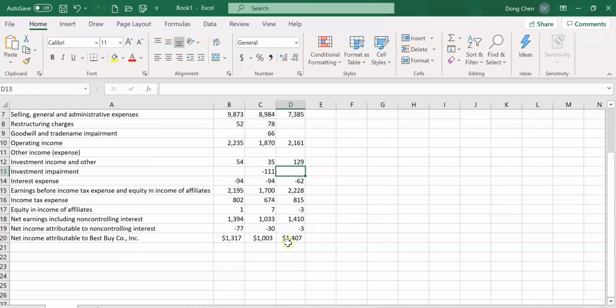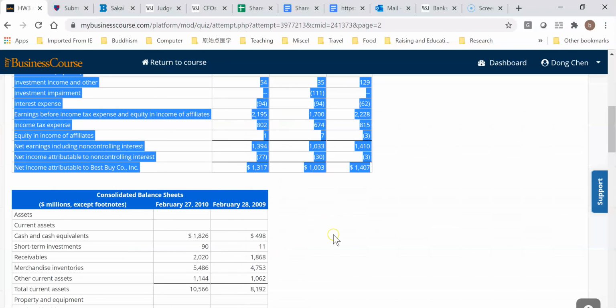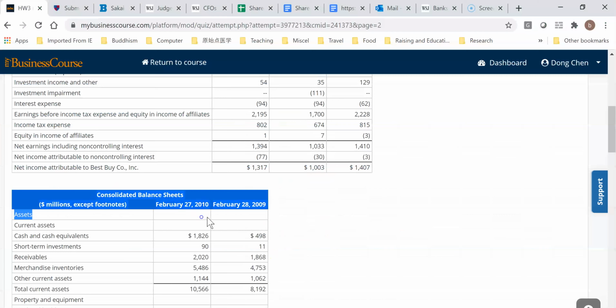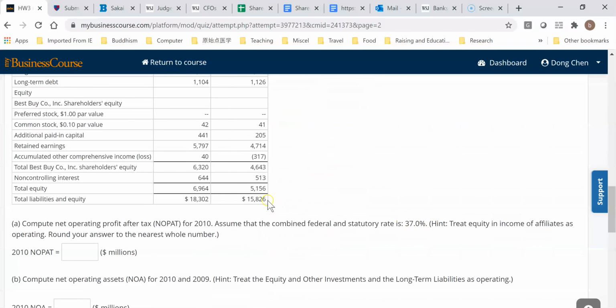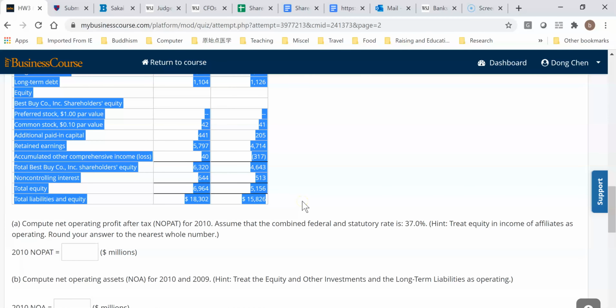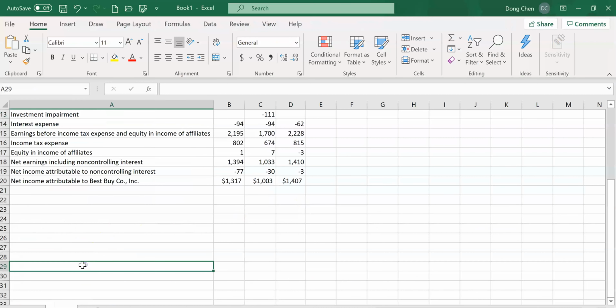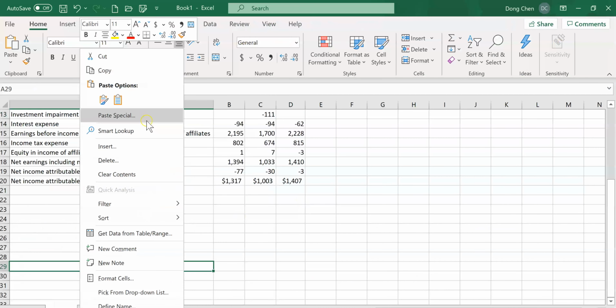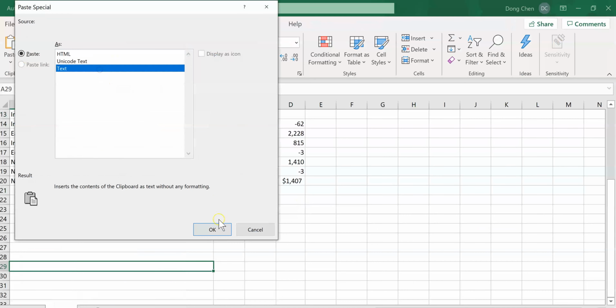So that's basically the income statement, and now the balance sheet. So leave some space for the calculation for NOPAT.